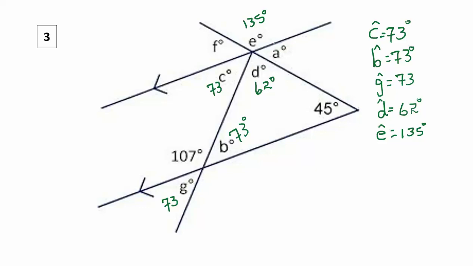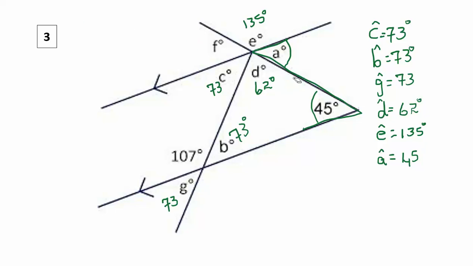All right, angle A. If I look at angle A, I have parallel lines, and there's my Z again for my alternate angles. Angle A will equal 45 degrees, so that's very, very simple. Your alternate angles are the easiest to find if you know what to look for, as well as your vertically opposite angles.